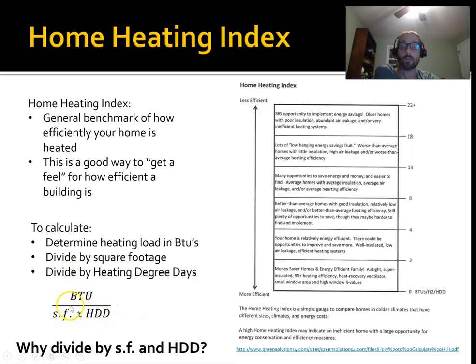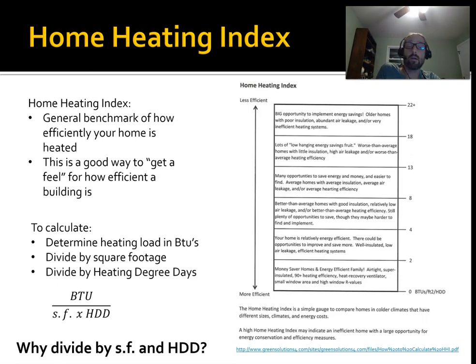If you think about it, say I have a certain number of BTUs of heating, and I have a really big square footage. Like a 1,000 square foot house and a 2,000 square foot house. If they both require the same amount of heating and they both are in the same climate, you figure, well, it's a really big house and it only requires as much heating as a house half its size.